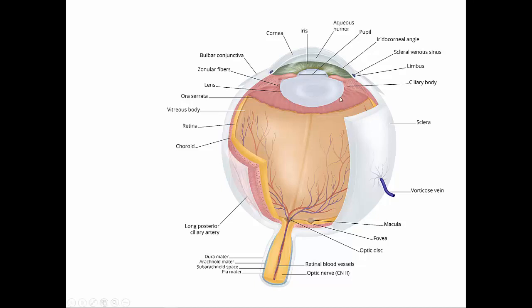And one of the functions of the ciliary body is to provide an attachment for the lens, because the lens is basically suspended by little fibers called zonular fibers. That's important because by either contracting or relaxing the muscles of the ciliary body, we can change the shape, and with that also the refractive index of the lens, which is important for accommodation so that we can actually see things in focus.